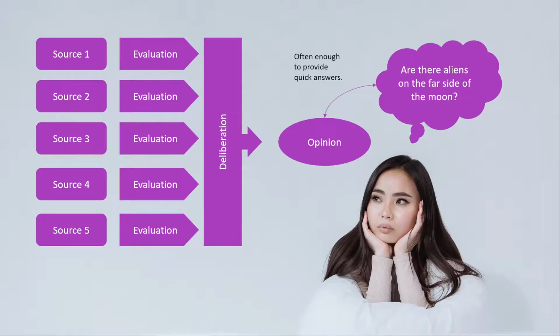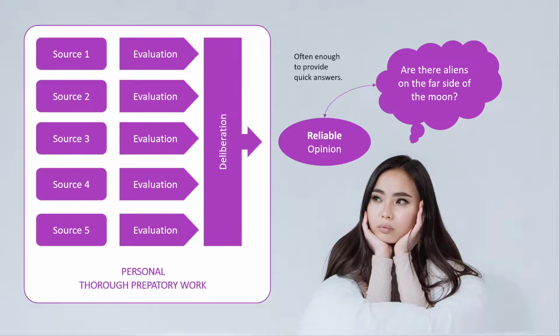And often it's enough to go back to this opinion to provide a quick answer. So by doing this personal and thorough preparatory work, and the more thorough you are, the more reliable these opinions will be, you can say with confidence and quickly that the answer to the question is no.